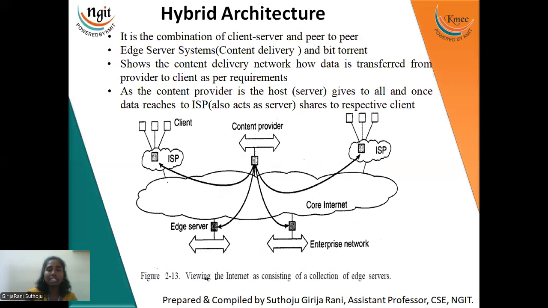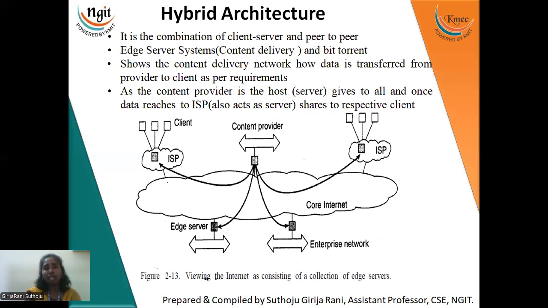So this is decentralized. Coming to the hybrid one, it is a combination of both centralized and decentralized. That is client-server combination and peer-to-peer combination. Here we will be having one term called edge server system. So this edge server system will be having n number of content providers. So we call content providers themselves servers.